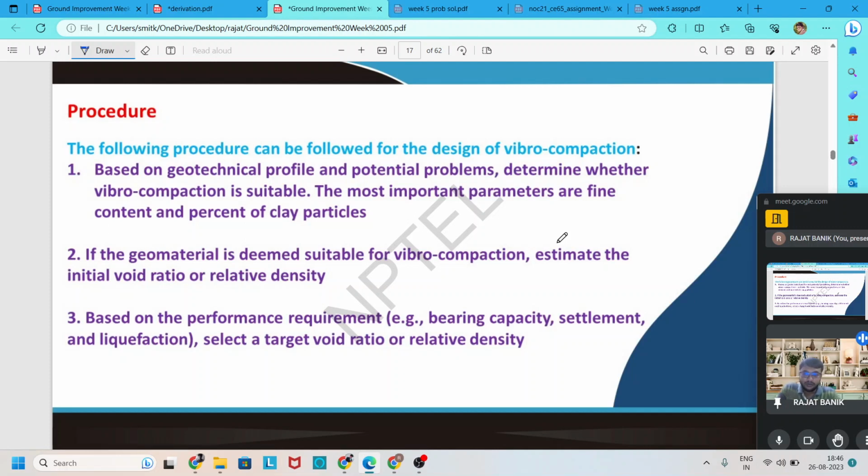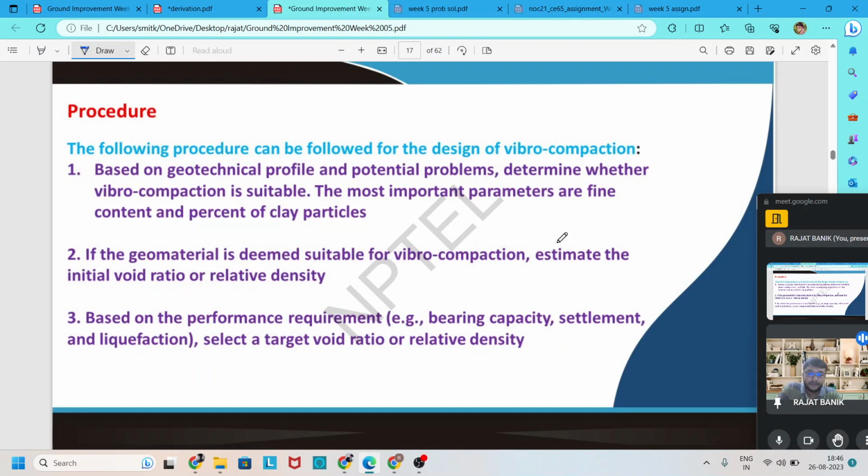After suitability, we can find out the initial relative density and void ratio, and we need to find out our performance requirement. That means for what purpose we need this vibro compaction: whether it is to increase the bearing capacity, to address the settlement criteria, or to mitigate liquefaction.